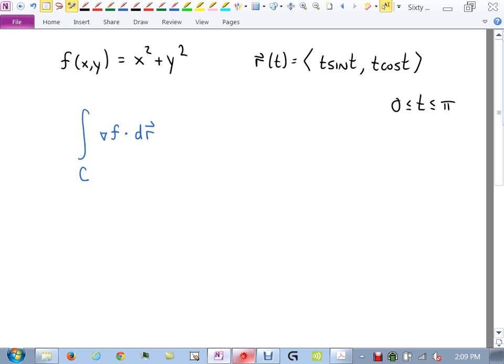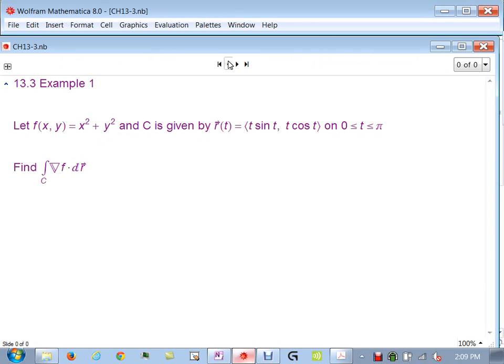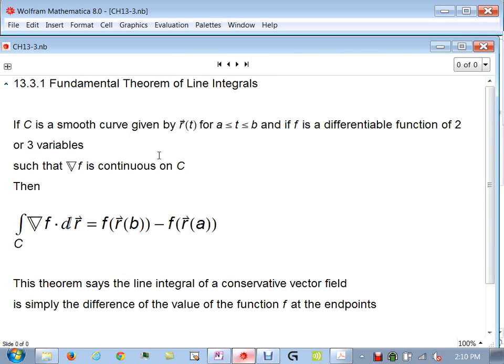Okay. Let me go back one step. If C is a smooth curve, and I think we have a smooth curve here, r of t, a spiral-looking thing, and the gradient of f is continuous, which means that when we take the gradient, it's nice, then this integral is just this, and you don't have to do any work.